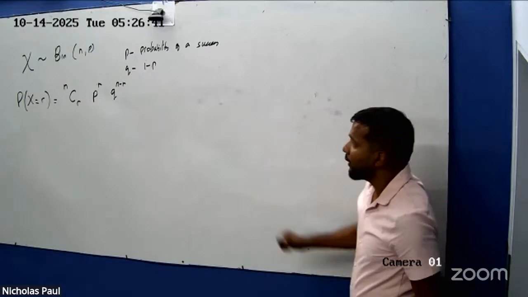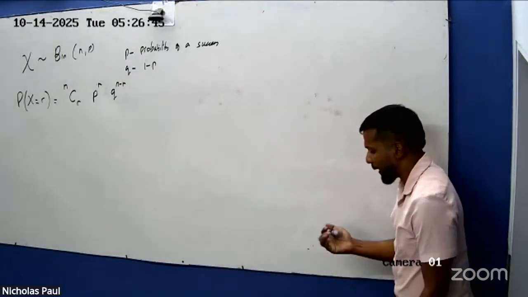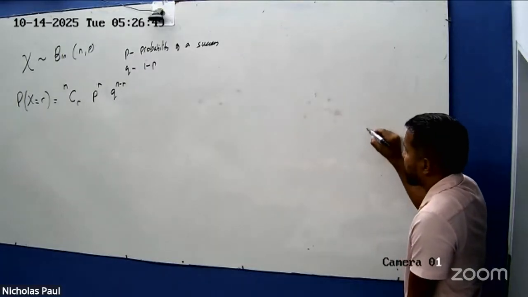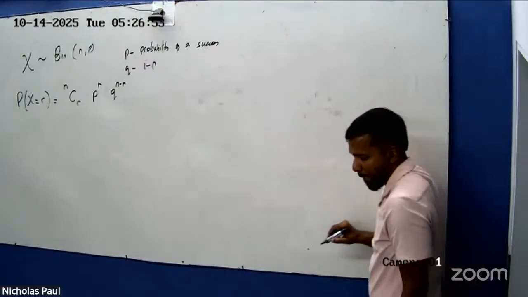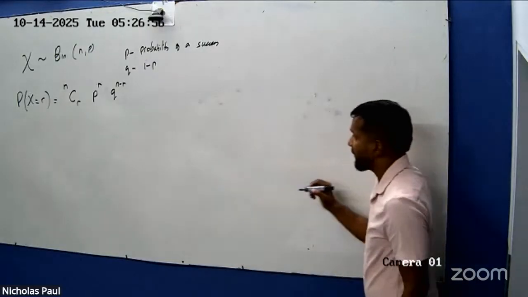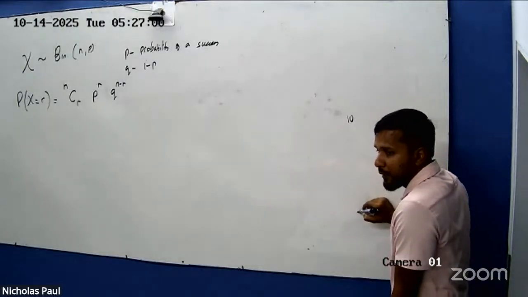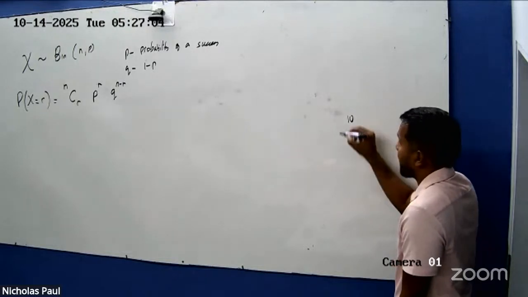All right. So what's nCr? Sometimes you might get something like this. Let's say you have 10 trials and you want to know the chances of getting 3 out of 10.